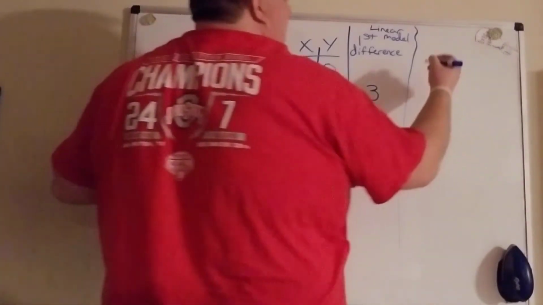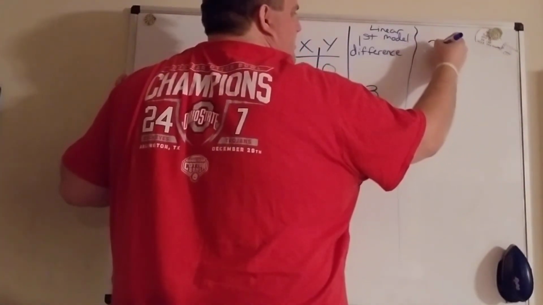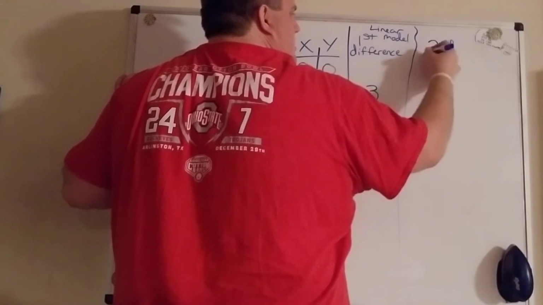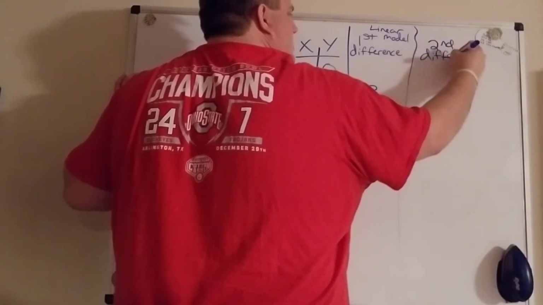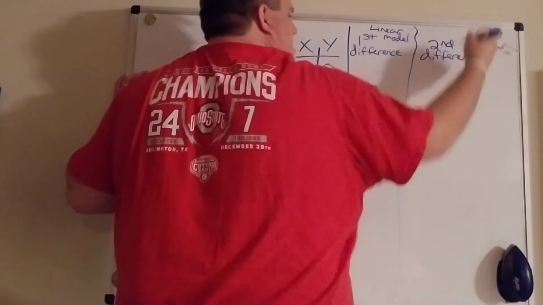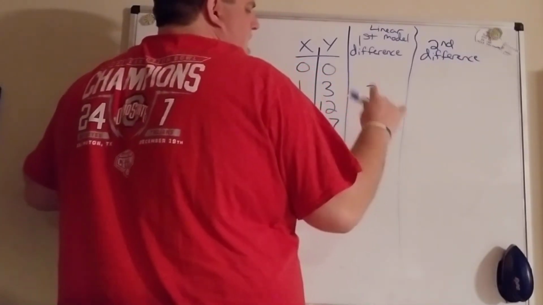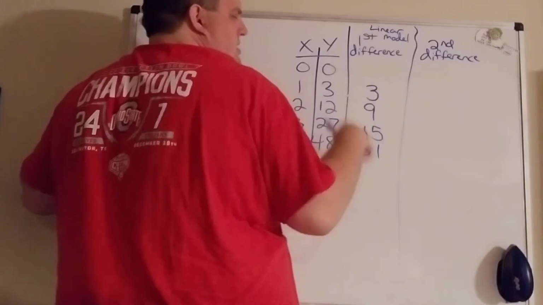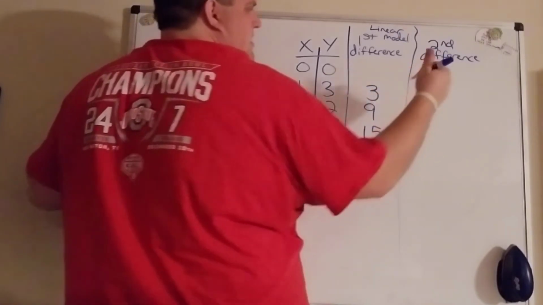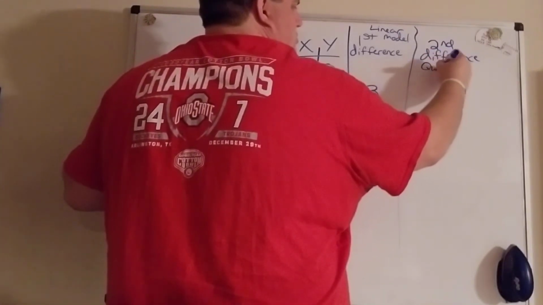What I can do is I can look at the second difference. So in the second difference, if I subtract the new ones and I get the same thing, that's actually going to be a quadratic function.